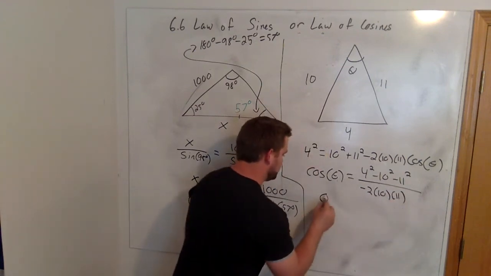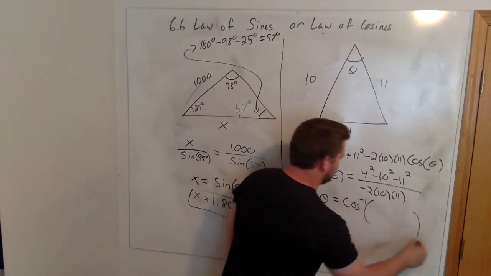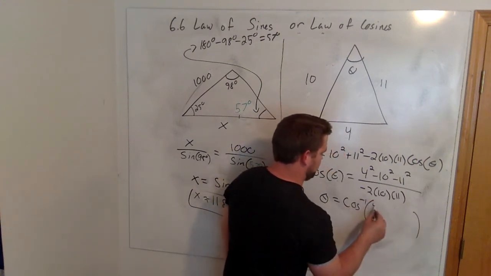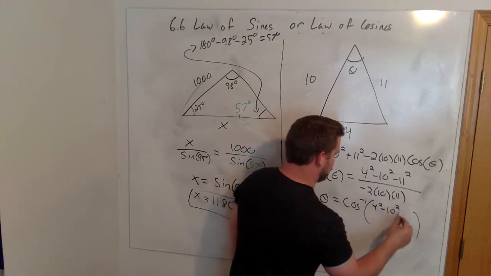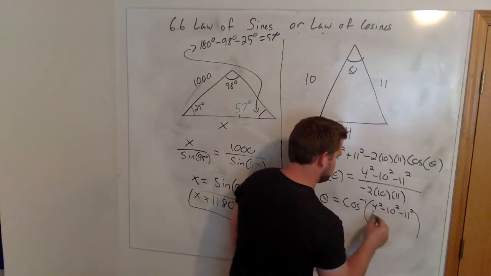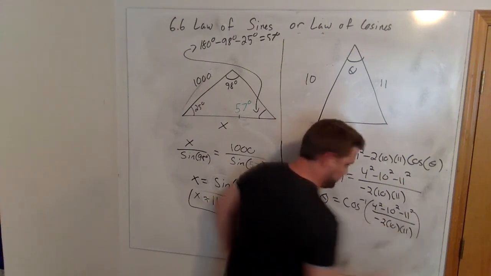Of course, we could just take the cosine inverse of both sides. I'm not worried when using cosine inverse to find angles. I'm only worried when using sine inverse to find angles. So let's see what we get.